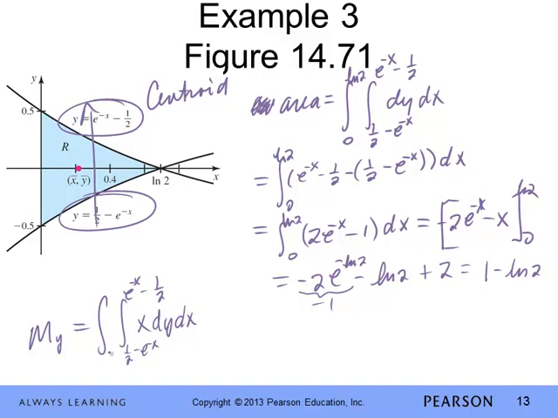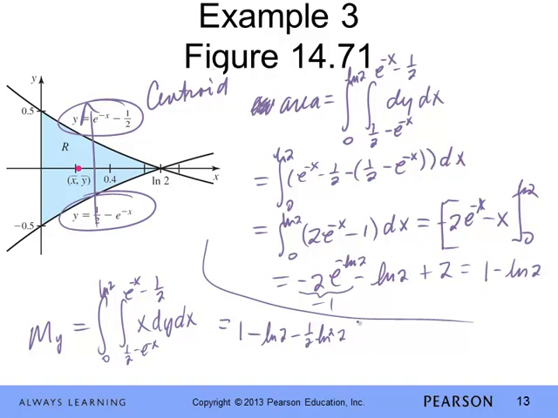And x is going to vary between 0 and natural log of 2. All right, so we know how to evaluate double integrals. Let me just cut to the chase. And this works out to be 1 minus natural log of 2 minus 1/2 natural log squared of 2.